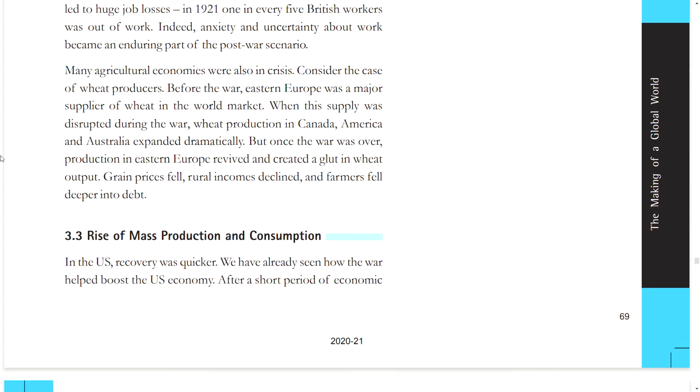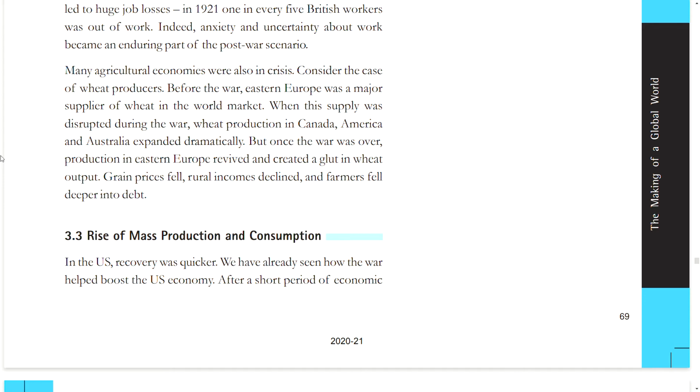Many agricultural economies were also in crisis. Consider the case of wheat producers. Before the war, Eastern Europe was a major supplier of wheat in the world market. Wheat production in Canada, America, and Australia expanded dramatically.